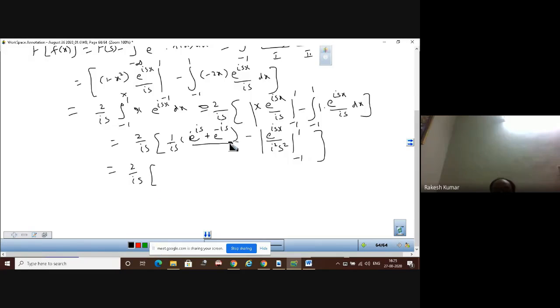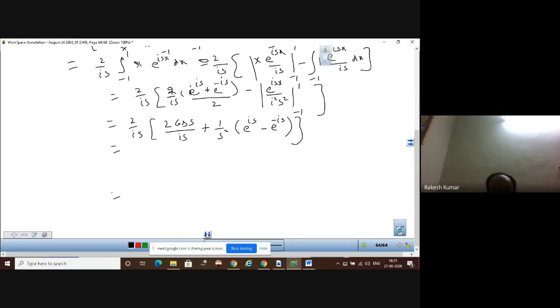You can divide it by 2 and multiply it by 2. So that is 2 cos of s over iota s. Iota square is minus 1, can be taken out. This can be written as plus 1 over s square, e raised to power iota s minus e raised to power minus iota s. So after making the adjustment of the terms it will be like this.